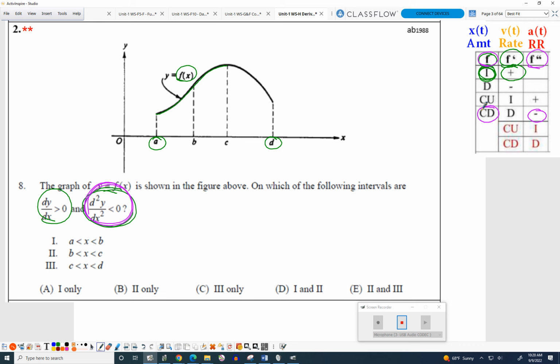So where does f start being concave down, Jesse? B. Where does f stop being concave down? Actually, all the way to D. But then you're looking for the overlap, because you're looking for the interval where both are true. Better? 2 more. There you go. Whoa, next one, number 3.